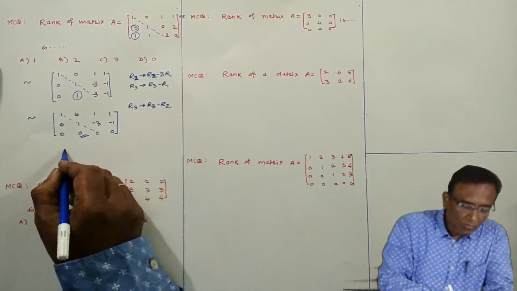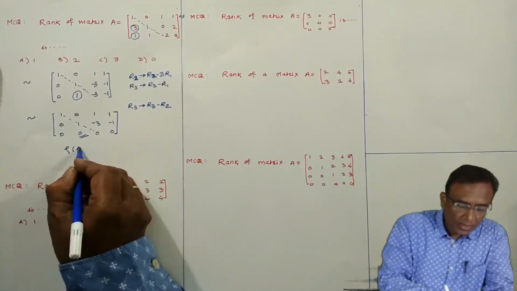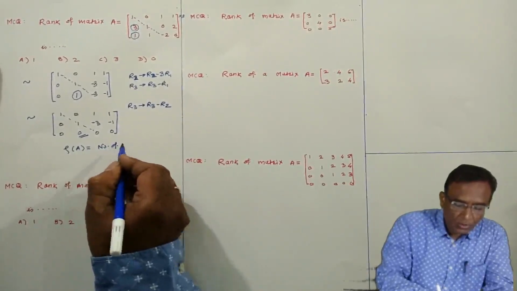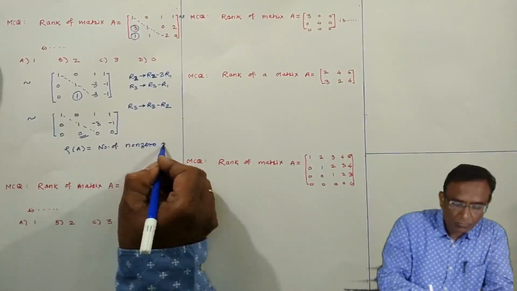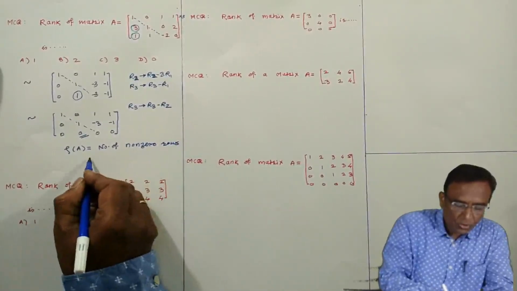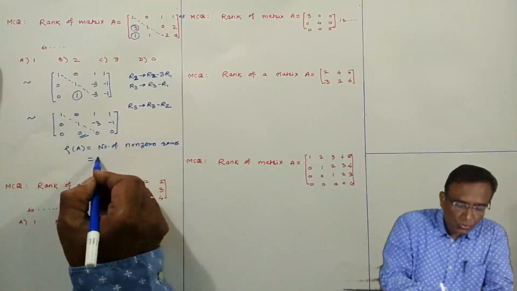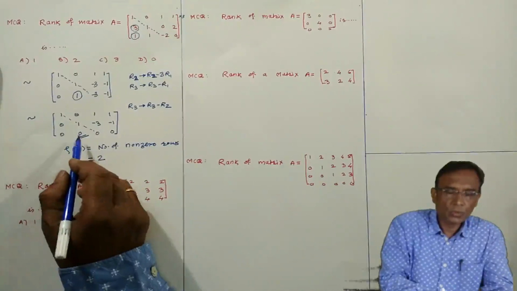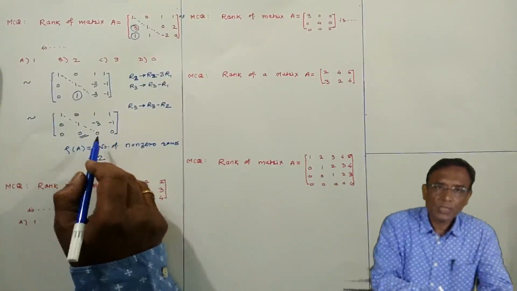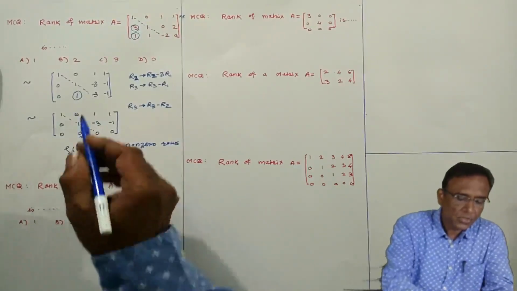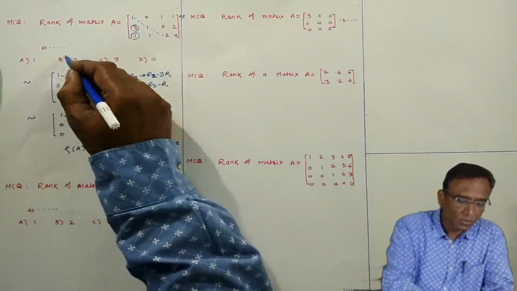Now, the rank of the matrix A is the number of non-zero rows. How many non-zero rows are there? This is a non-zero row, this is a non-zero row. 2 non-zero rows are there. And this third row is a 0 row. For a 0 row, we want each and every element of the row to be 0. So here, the rank of the given matrix is 2. The answer is this one.